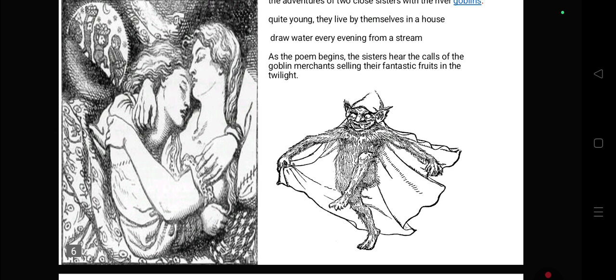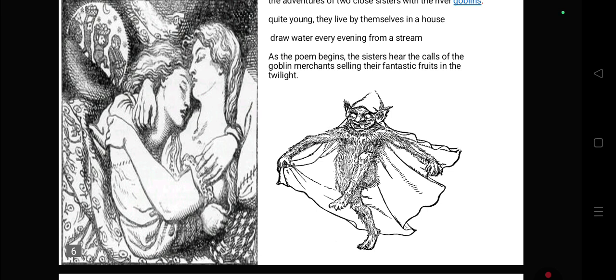Today we will take another poem by Christina Rossetti, D.G. Rossetti's sister, and obviously one more important poet from the pre-Raphaelite group. Today we will talk about the famous narrative poem Goblin Market by Christina Rossetti.